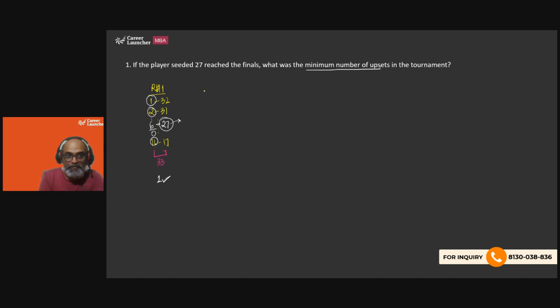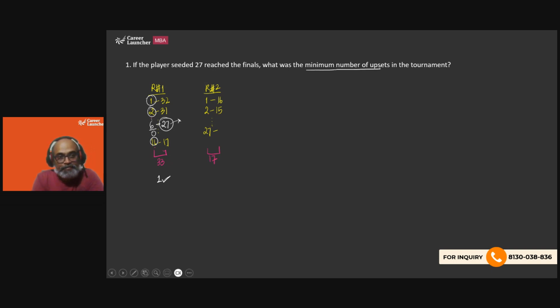So there is one upset here. And then subsequently, there were no more upsets. Which means, in round number 2, 1 is going to play against 16, 2 is going to play against 15, and this will continue. Now, 27 is going to play against someone. Who is going to be that player? If you look at round number 2, the sum here is 1 plus 16 is 17, 2 plus 15 is 17, so this should be 17.